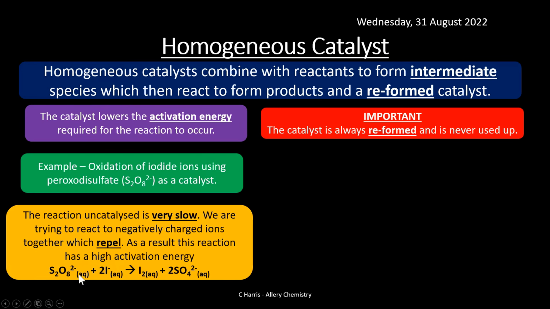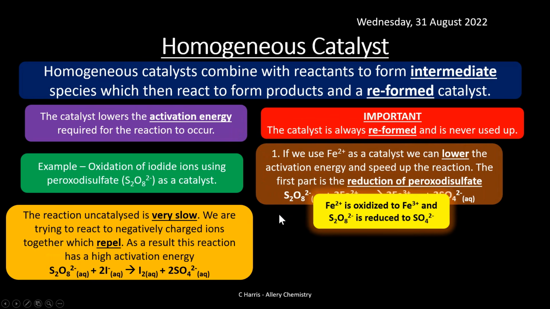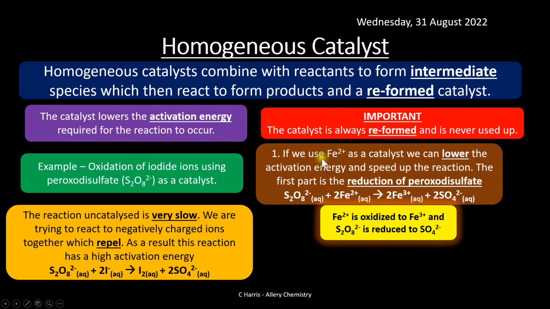So we need effectively a catalyst to mediate or trick them into reacting together. And the catalyst here is Fe2+. This is going to be the helper, I suppose, and this lowers the activation energy and speeds up the reaction. We need to know the reactions to do this.